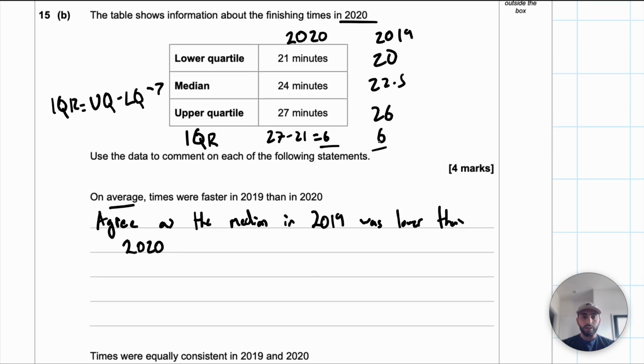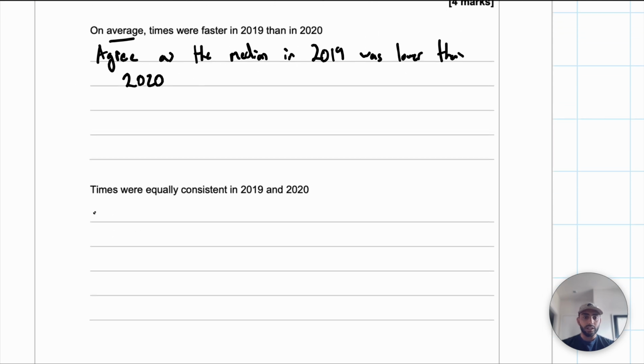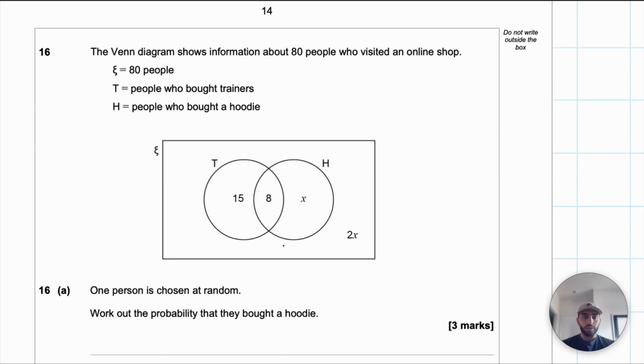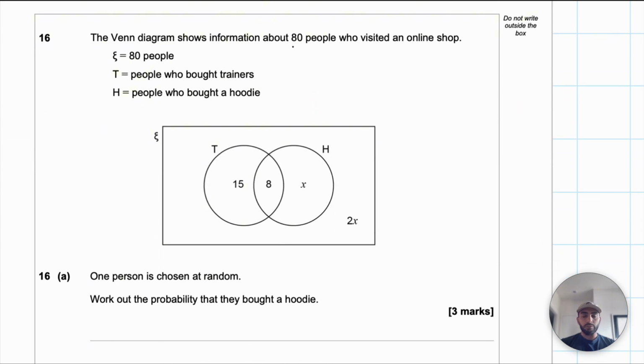So in both years, they had an interquartile range of 6, and that means times were equally consistent, as the interquartile range for both years was 6.